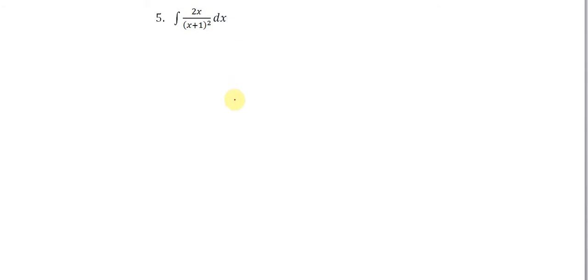Most people will perhaps do something like this. They will multiply out the bottom. So that's going to be x squared plus 2x plus 1 times dx. And then, if you look at the top here, the top's 2x, which looks kind of like the derivative of the bottom, x squared, right?